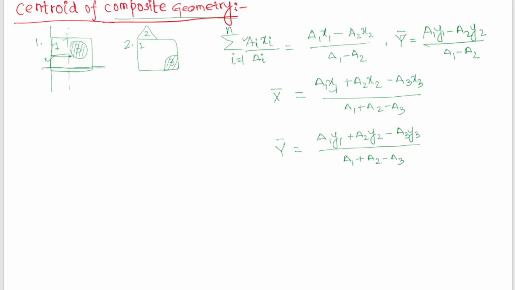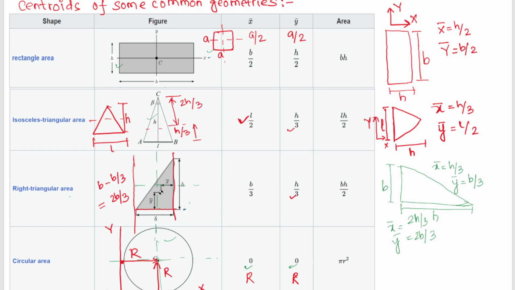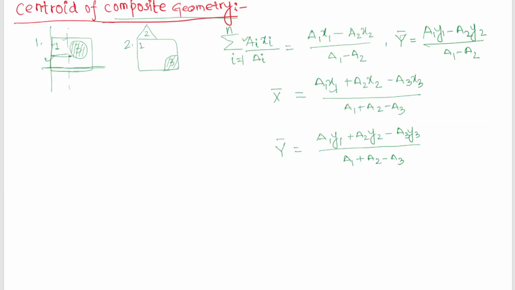You can have more than one image; it can be 2, 3, 4 depending upon the problem. The first responsibility is to define the axis and divide the shape into regular geometries for which we already know the location of the centroid. Then only can you put the values in the formula: A1, x1, y1, x2, y2, x3, y3, something like that.